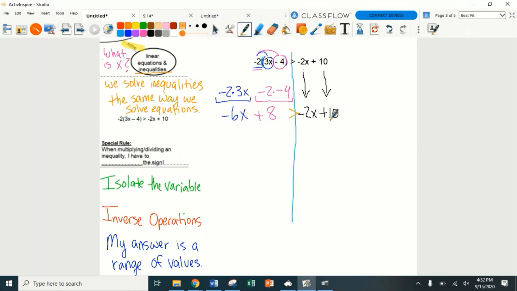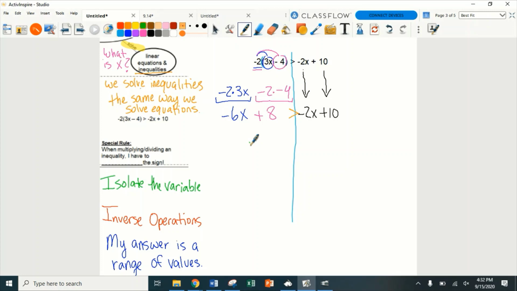The next step, I want to isolate the variable, and I want to make sure that I get it on the left side. So I'm going to do that using inverse operations. Here I'm looking at this negative 2x right there, and I say, well, I want all the variables on the left, so I know I need to move this one to get it over there.